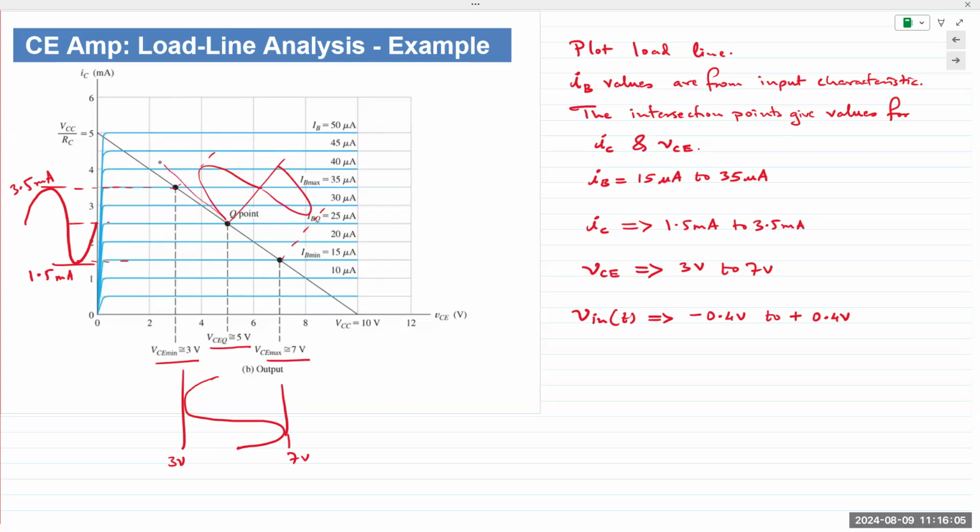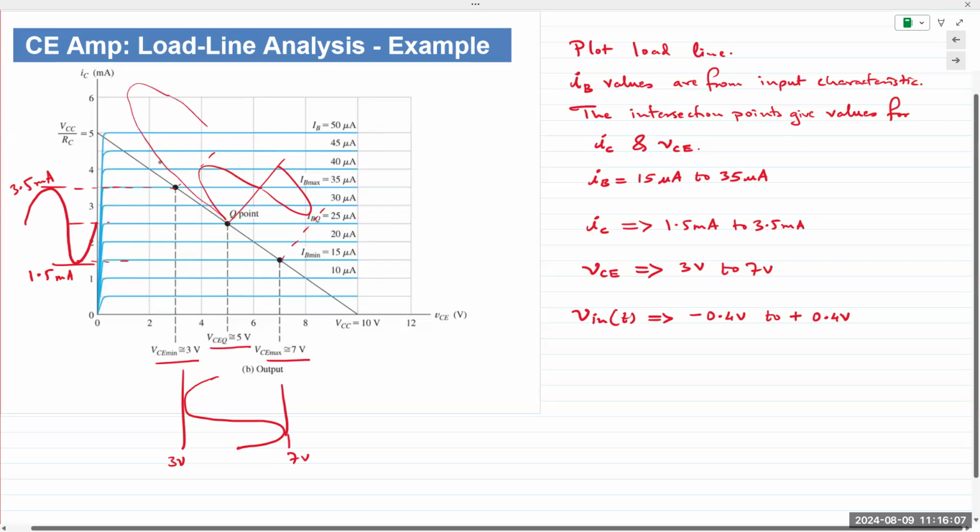But if you had a large input like this, then you're exceeding the limits of the applied VCC voltage.